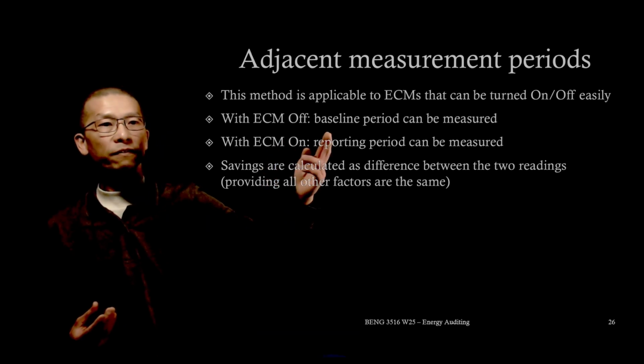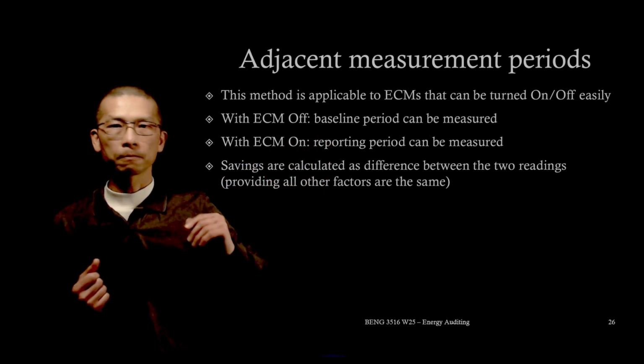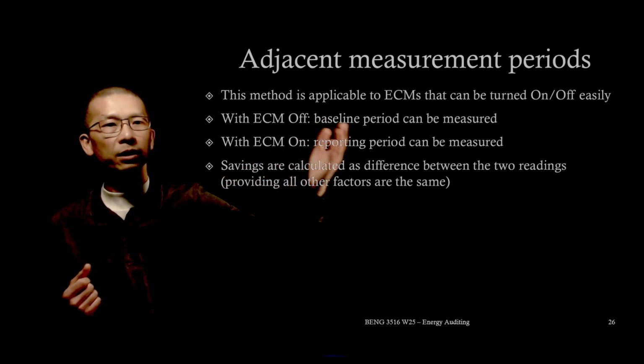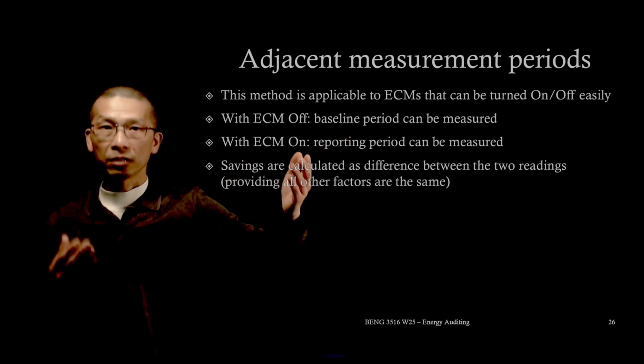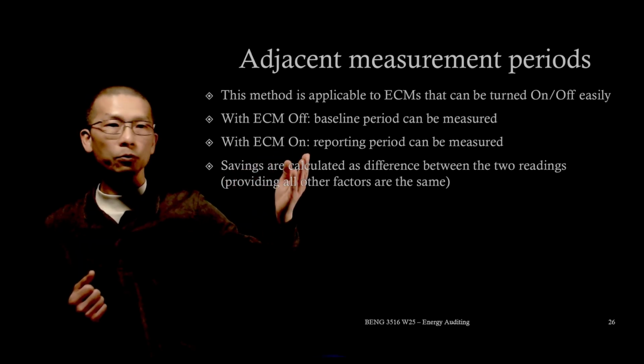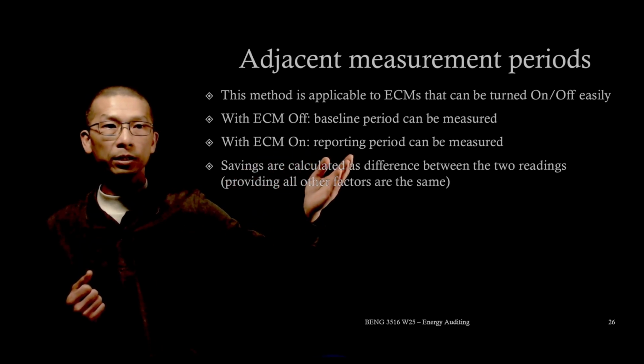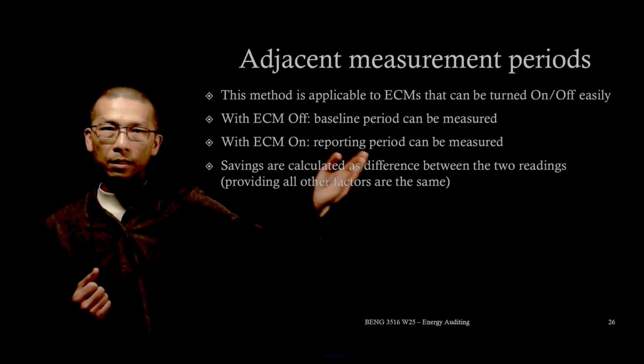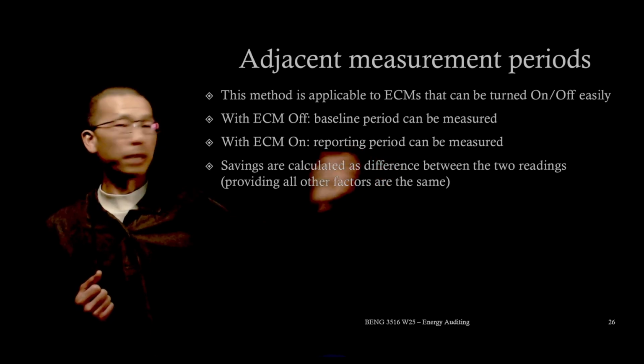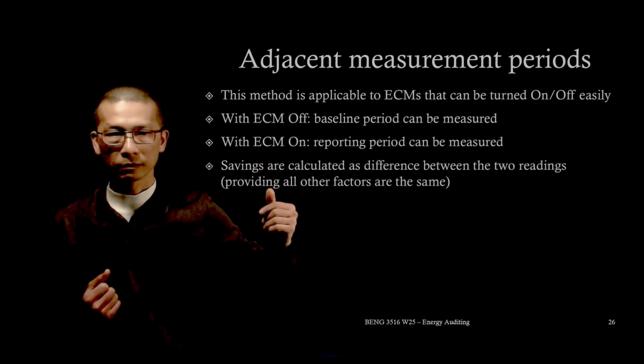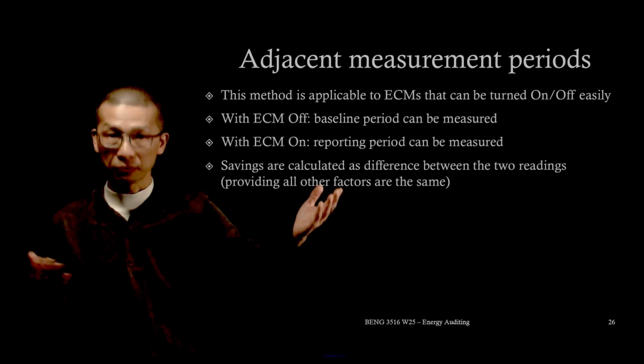Before the project, we measure the baseline, and after the project implementation, we see ECM on, we can report period. The reporting period can be measured on and off, and savings are calculated as the difference.